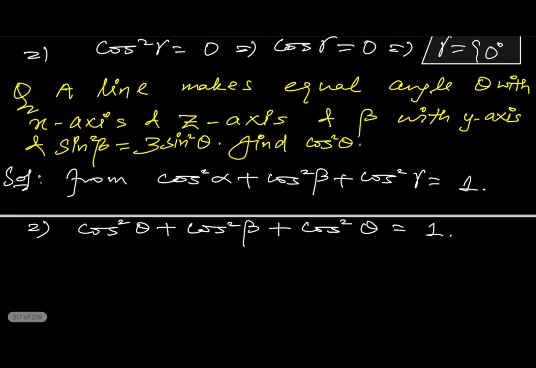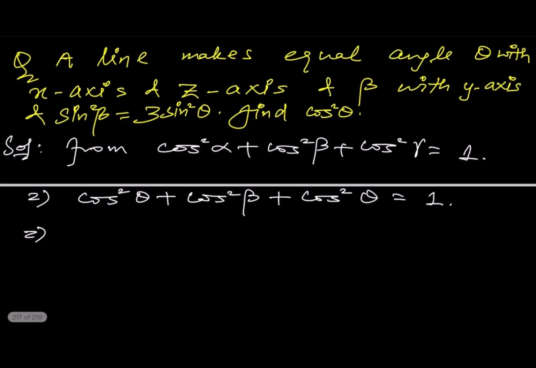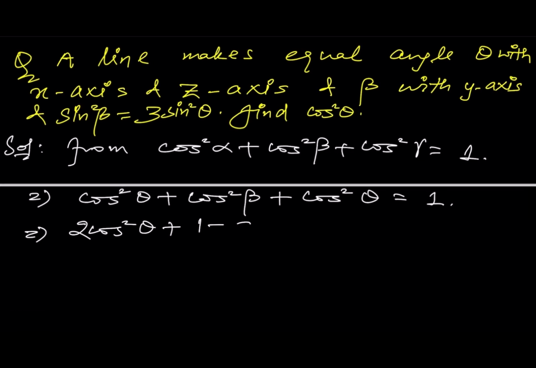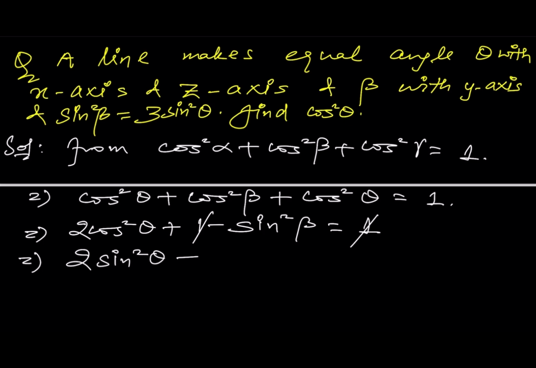And sine square beta is equal to 3 sine square theta. So sine square beta should be in the picture. So this is 2 cos square theta plus cos square beta, which can be written as 1 minus sine square beta, is equal to 1. So 1 cancels out, and 2 cos square theta minus sine square beta. In place of sine square beta I can write 3 sine square theta.